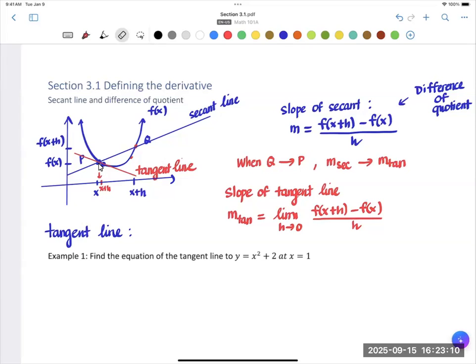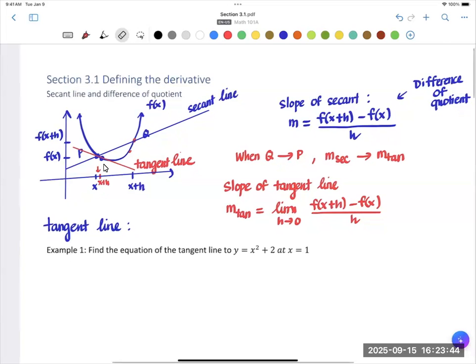So the secant line is the line that goes through 2 points, while the tangent line just touches the function at only 1 point. Actually there are 2, because the other one is getting really close to it.